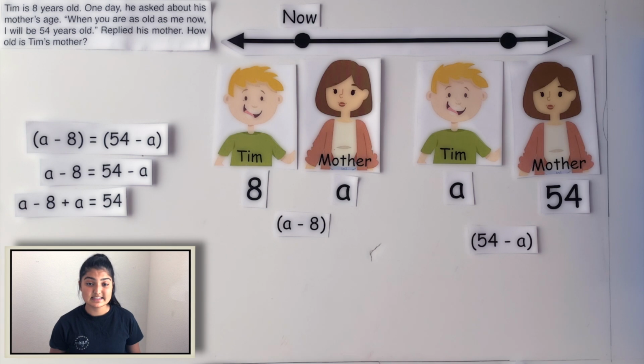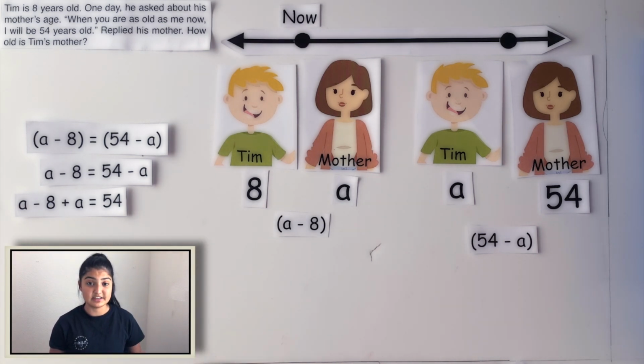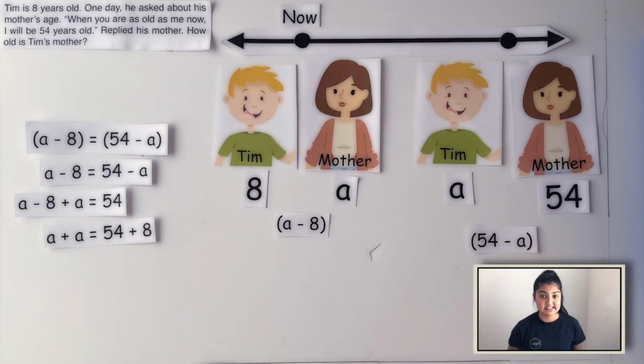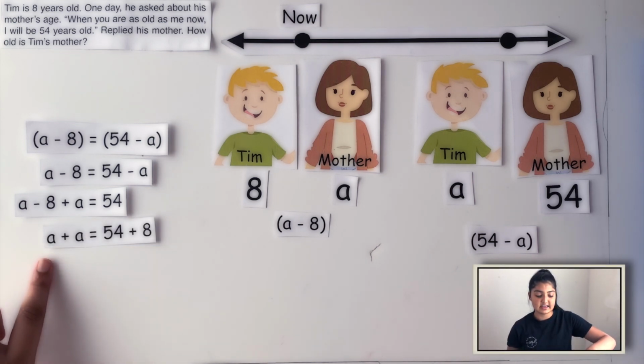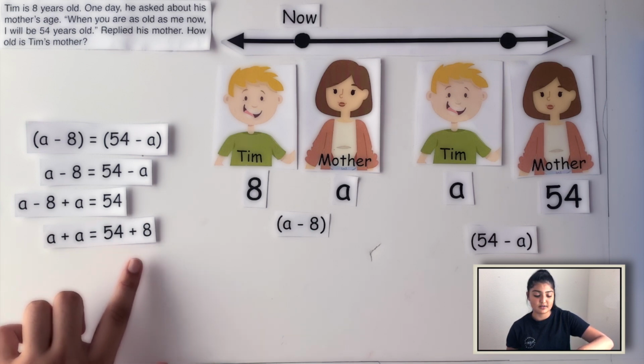Next, let's take negative 8 to the right side of the equation. This gives us A plus A, which is equal to 54 plus 8.